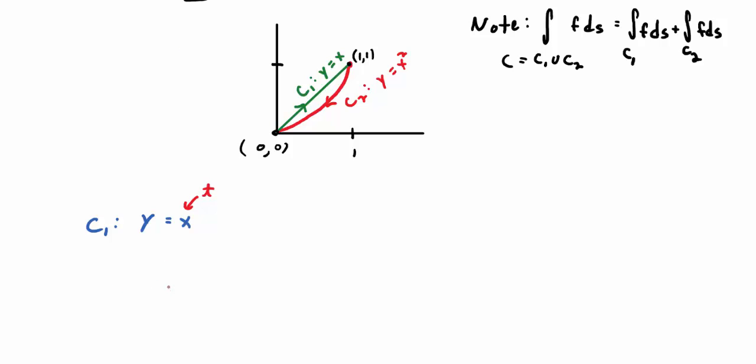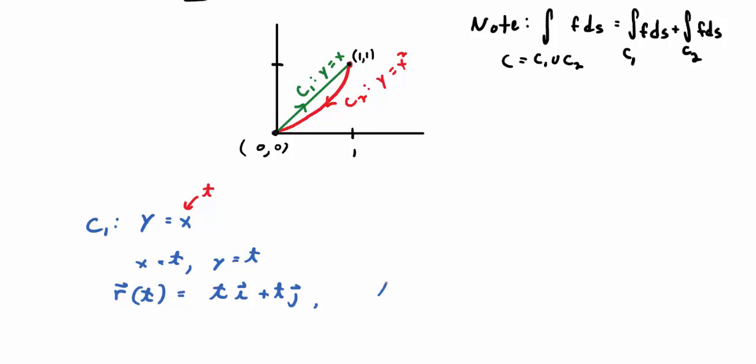You could do this different ways. Your parametric equations would be x equals t, and since y equals x, y equals t. Or since the formula is in terms of r, you could say r of t is equal to t i plus t j. Think about the curve in green starting at (0, 0) and ending at (1, 1).